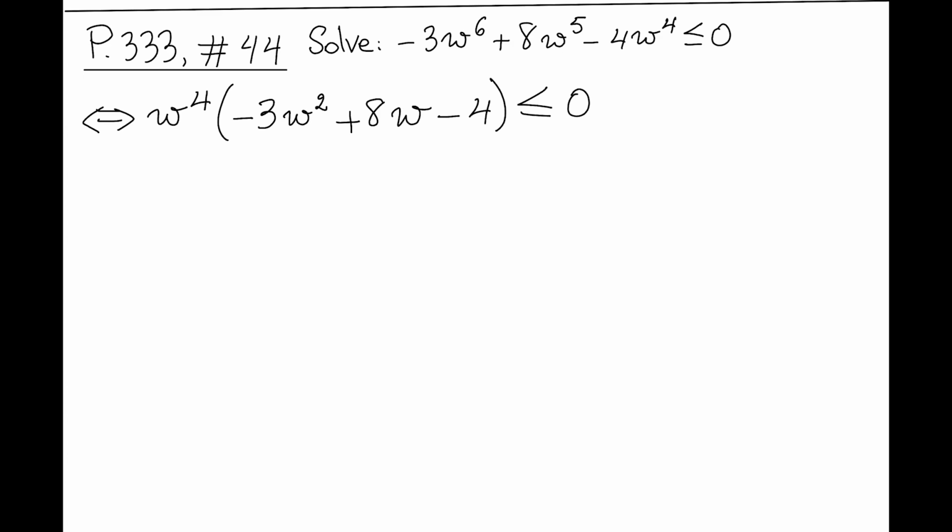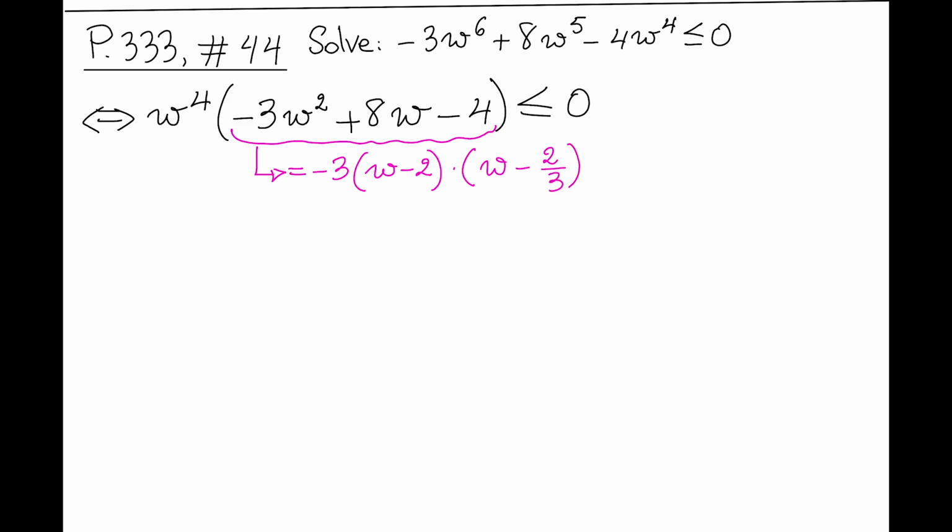Next, I want to factor the second degree polynomial. If you appeal to the quadratic formula, which we revisited in class, you can see that this is the same as minus 3 times w minus 2 times w minus 2 over 3.